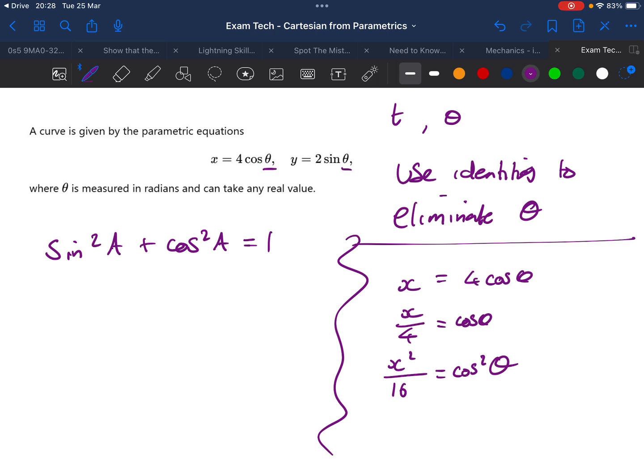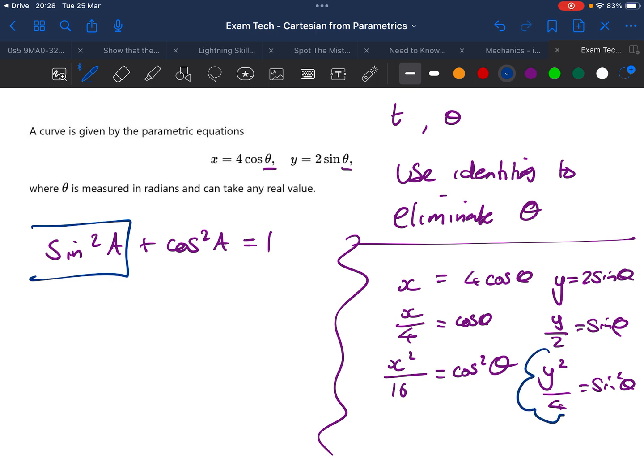And at the same time, I'm going to do y equals 2 sine theta, y over 2 equals sine theta, and y squared over 4 equals sine squared theta. So I'm getting the sine squared piece ready, and I'm also getting the cos squared piece ready as well. And then they're just going to go into this identity once I've made them appropriate.